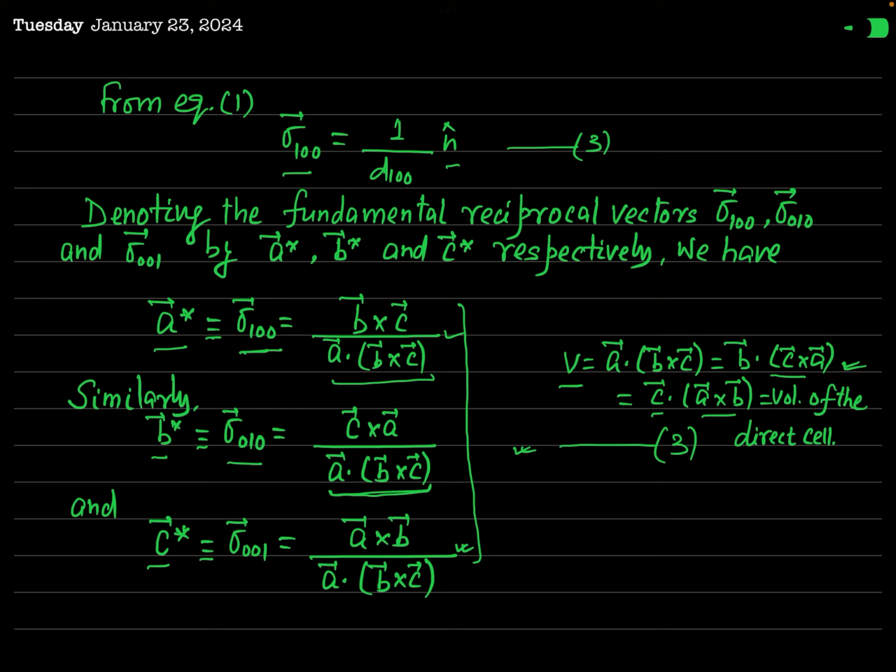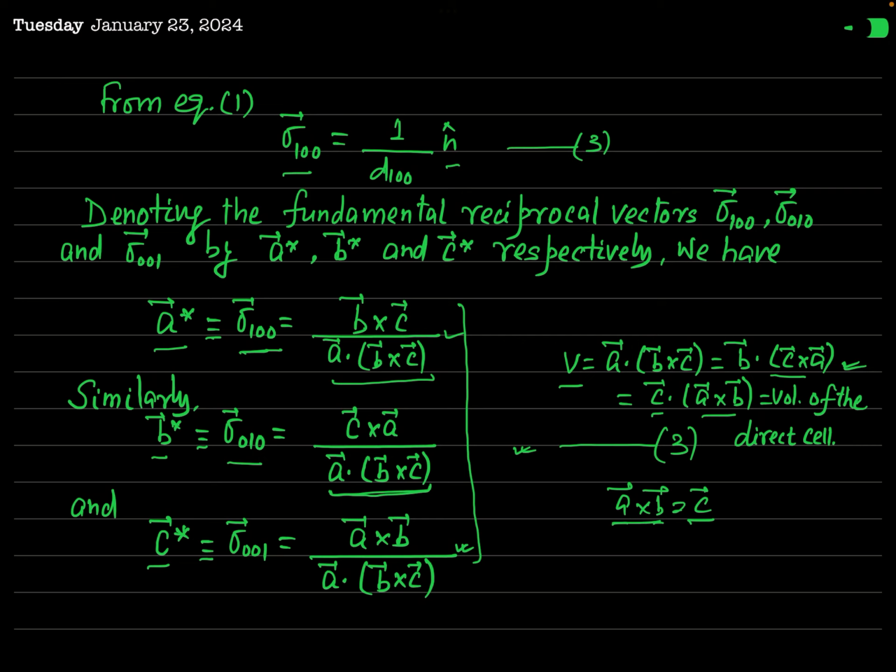You know from the definition of the vector product of two vectors that if A cross B is equal to C, then this vector C is perpendicular to both A and B. In other words, vector C is perpendicular to the plane containing vectors A and B, in accordance with the right-hand screw rule.